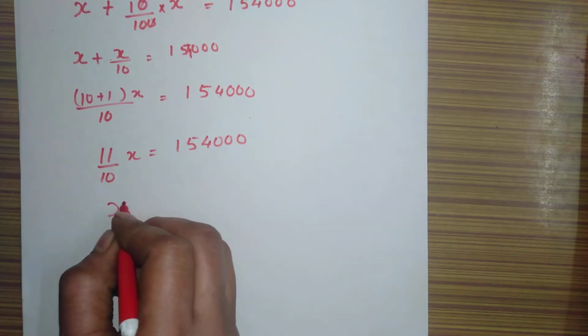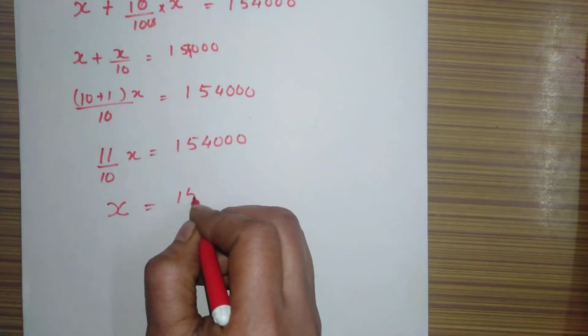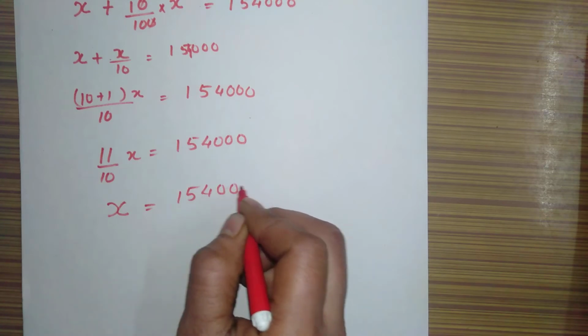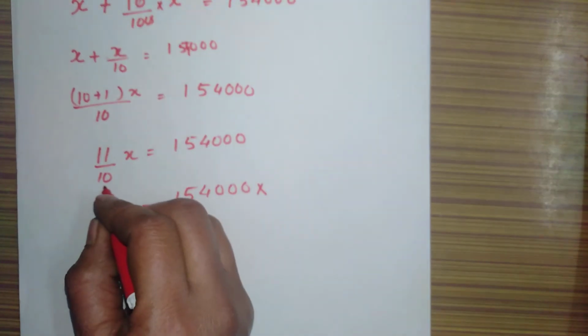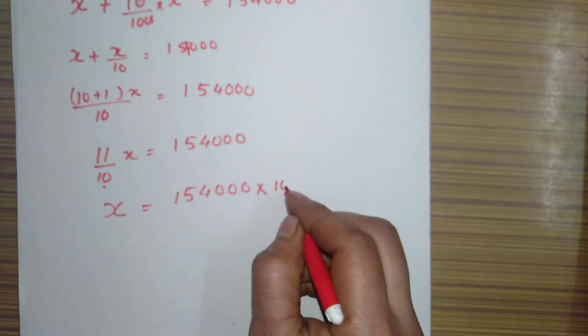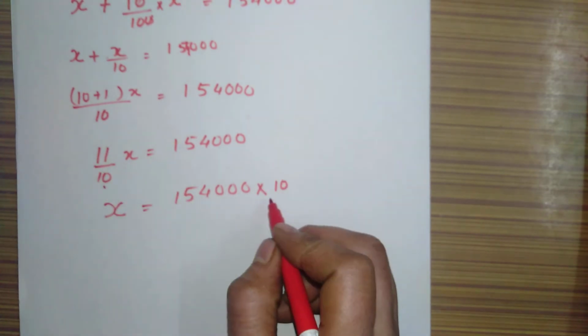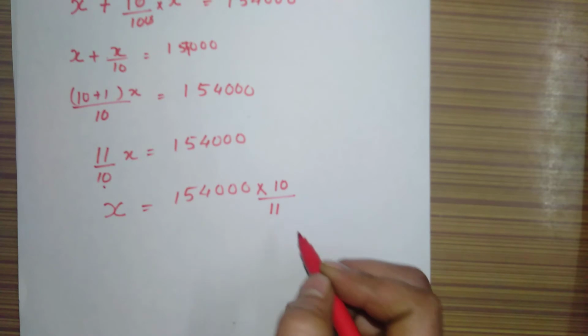We can just calculate the original salary. This is transferred to this side. This is in the denominator, goes to the numerator, and this numerator goes to the denominator.